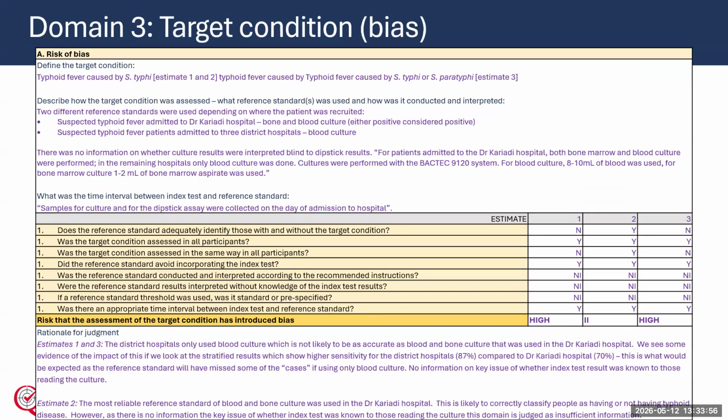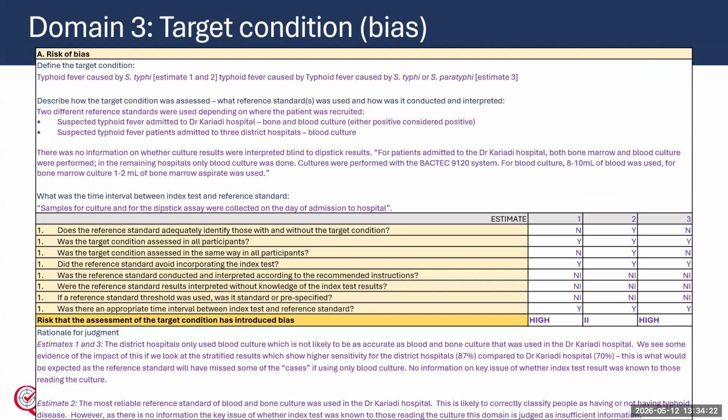So we're defining the target condition, and we've got different target conditions for estimates 1 and 2 and estimate 3. So the typhoid fever alone, or the disease caused by typhoid or paratyphoid. Describe how the target condition was assessed, what reference standard was used, and how it was conducted and interpreted. So here we've got that issue of the 2 different reference standards, depending on where the patient was enrolled.